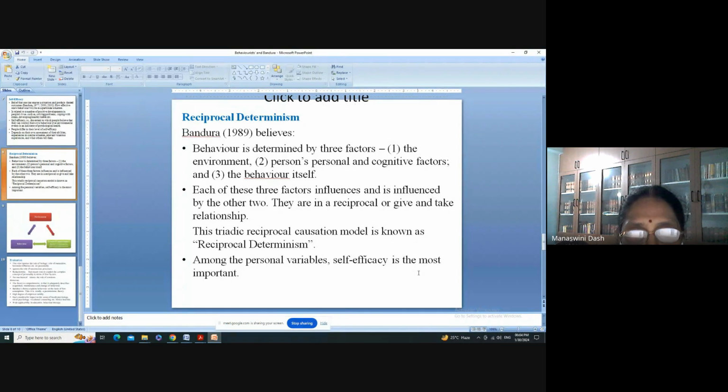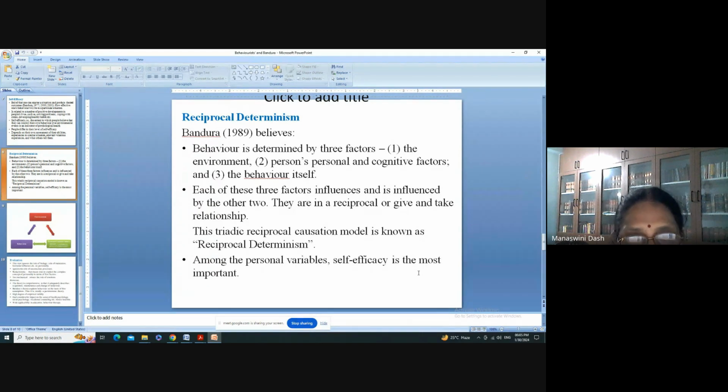So I gave you the example of how you think, your behavior, you can change the environment of your classroom. So you behave in a certain way. Your belief changes your behavior, and the behavior, if successfully shown, also strengthens your belief. So both these two factors influence each other.